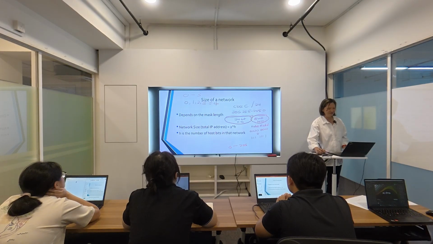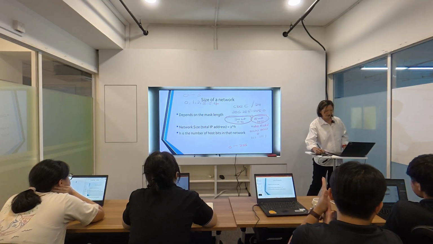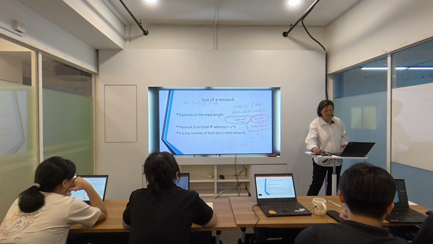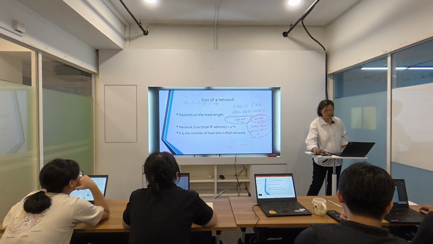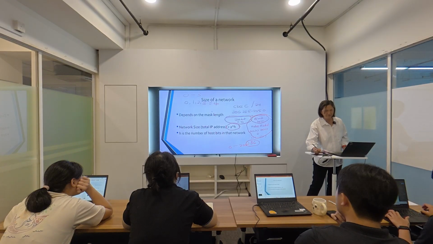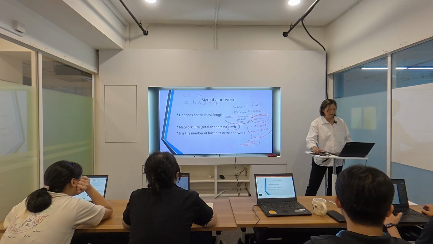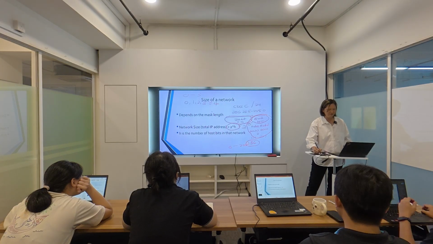So 4 values, which is 3 plus 1. So 0 to 255 is 256. Therefore, the number of node IDs is 256, given by the formula 2 to the power of the number of host bits. You have 8 host bits, so it would be 2 to the power of 8.